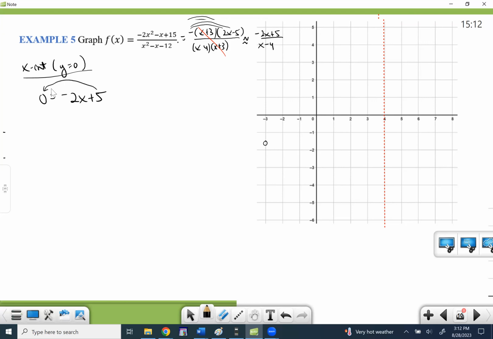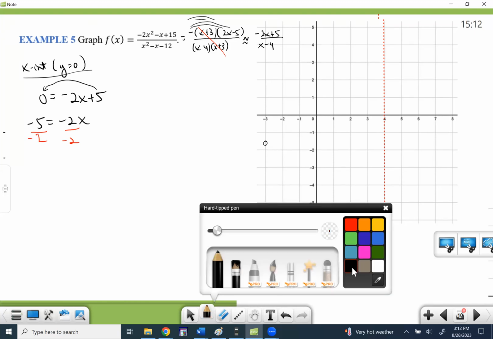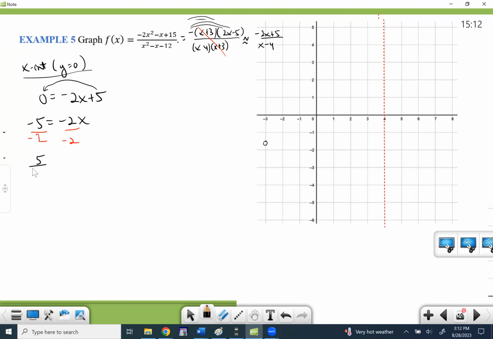So let's see, minus 5, and then we'll divide by negative 2. Cool. Okay, so we have an x-intercept of 5/2, comma, 0. 5/2 is 2.5, so about right there.